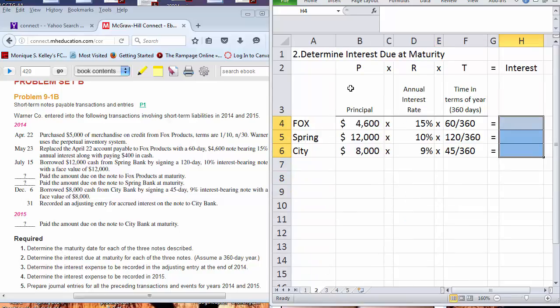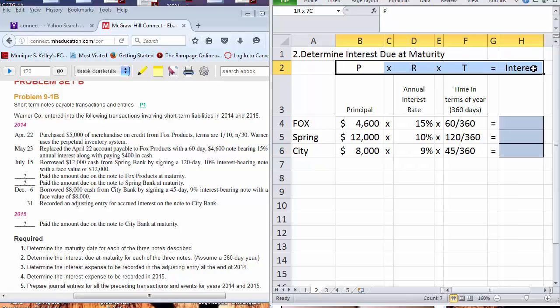Number two asks us to determine the interest due at maturity for each of the three notes. Assume a 360-day year. 4,600 is the principal for the Fox note, 15% is the annual interest rate, and time in terms of a year is 60 divided by 360, since they told us to use 360 for the number of days in a year, even though there's actually 365 or 366.